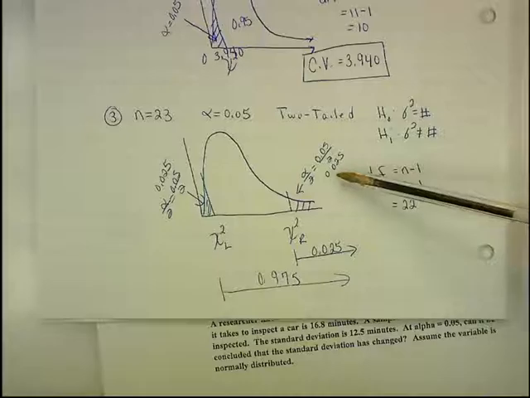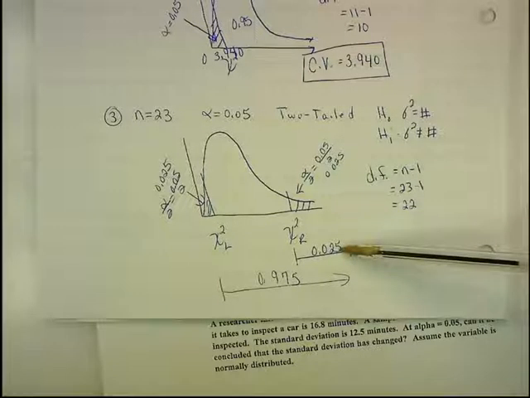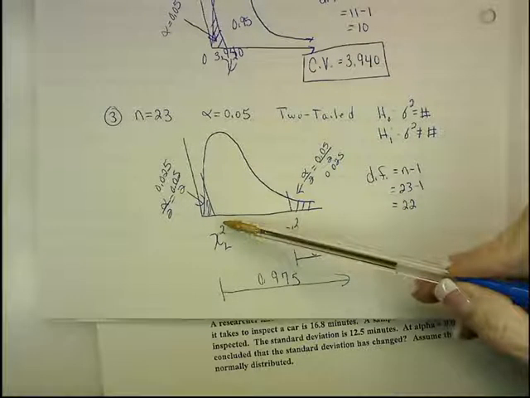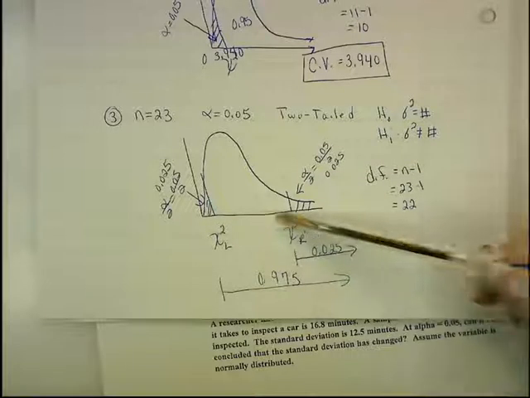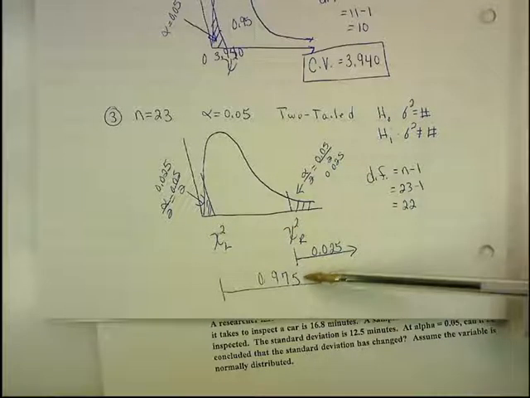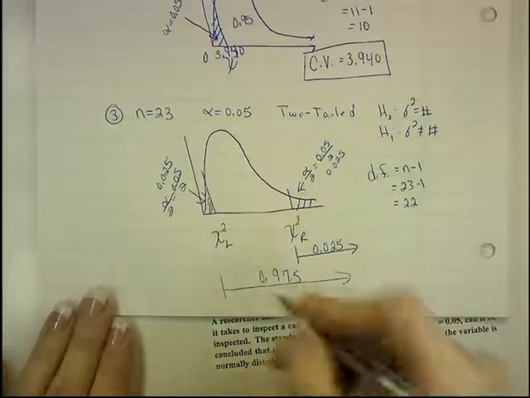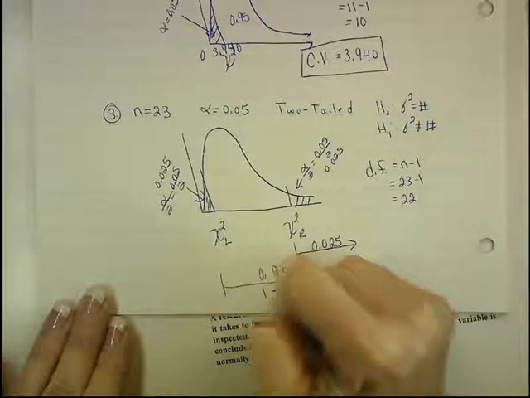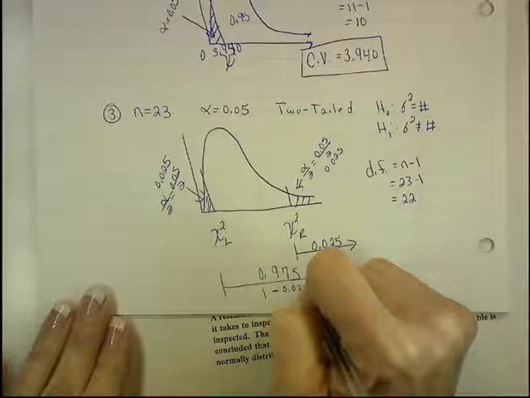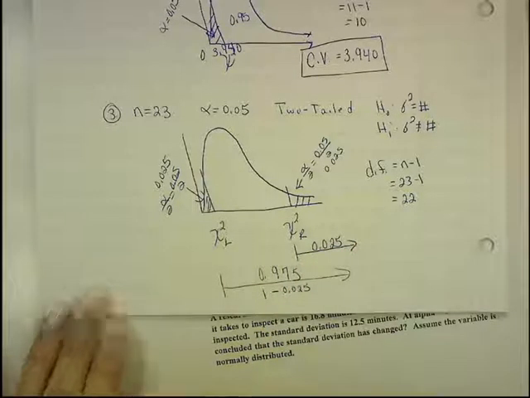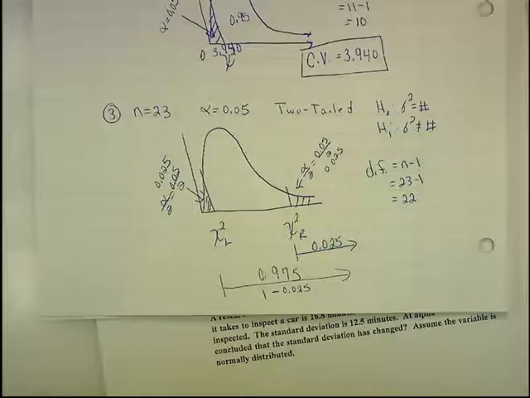Chi-square from the right, the area above it is alpha over 2. Chi-square from the left, the area all the way above it is 0.975. And you can find that because that's one takeaway, the 0.025 in the left tail, which is below it, and that's 0.975 above it.